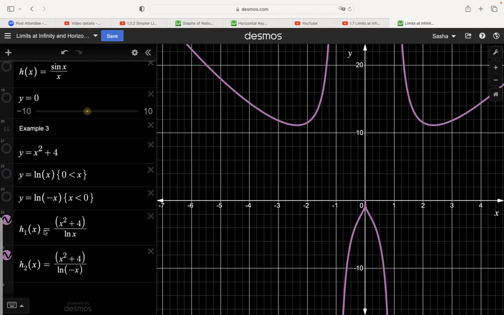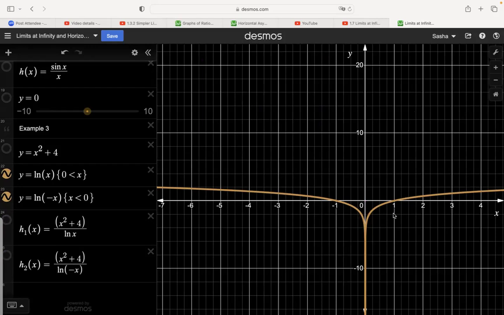And to think about why that might be true, it says, well, when are we going to have a problem? When is the denominator equal to 0? Well, it's equal to 0 whenever the logarithm is equal to 0. And we know the logarithm is going to be equal to 0 when x is equal to positive or negative 1. Because the natural log of 1 is 0, because e to the 0 power is 1. And the natural log of the absolute value of negative 1 is just the natural log of 1 again.